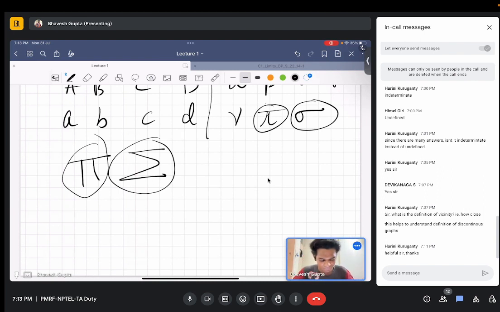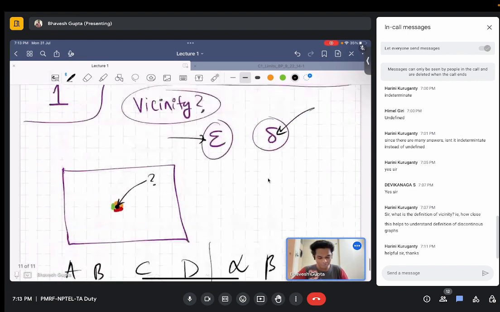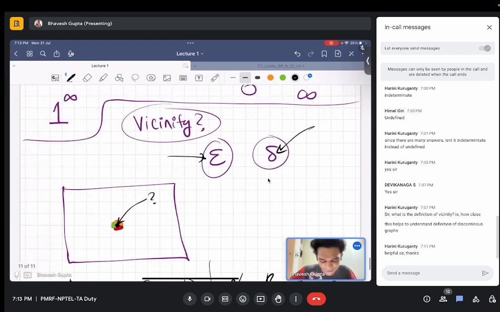Very small. For example, in the definition which you saw in lectures, epsilon delta. Whenever you see epsilon and delta, these small numbers, the immediate picture in your head should be that they are very small numbers, very close to zero. And we use this to mathematically write what we mean by vicinity, neighborhood, right?